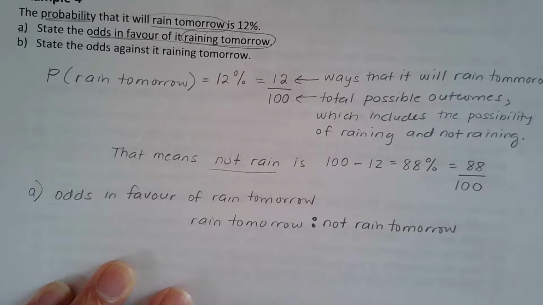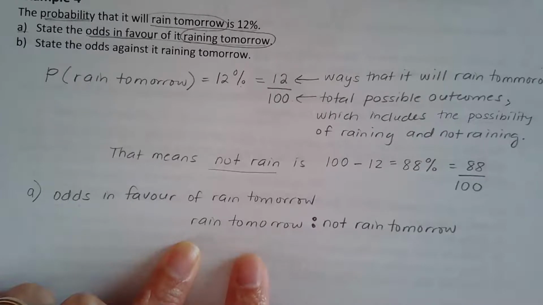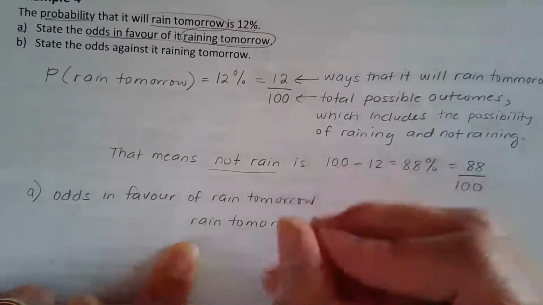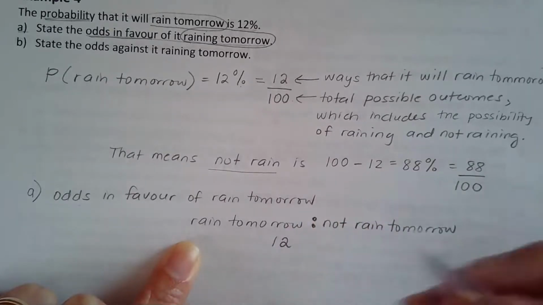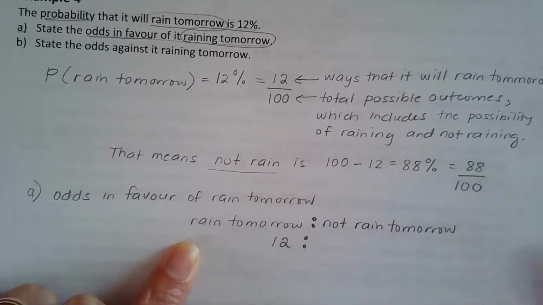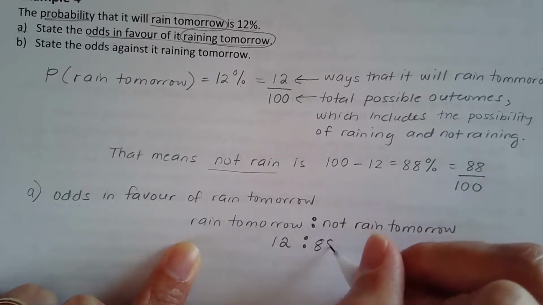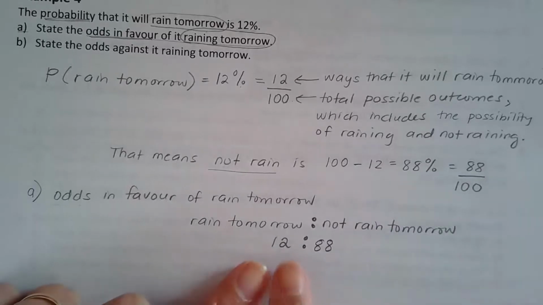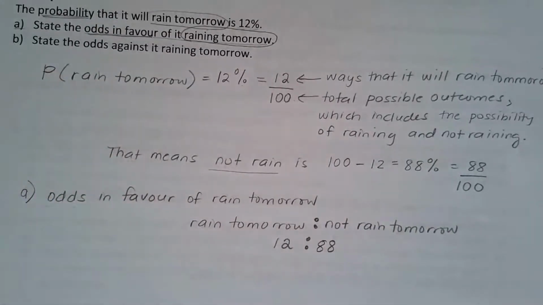So what is the number of ways it will rain tomorrow? Because it's 12%, it's going to be 12. And then not rain would be 88. And then these two add up to the total, which is 100%.